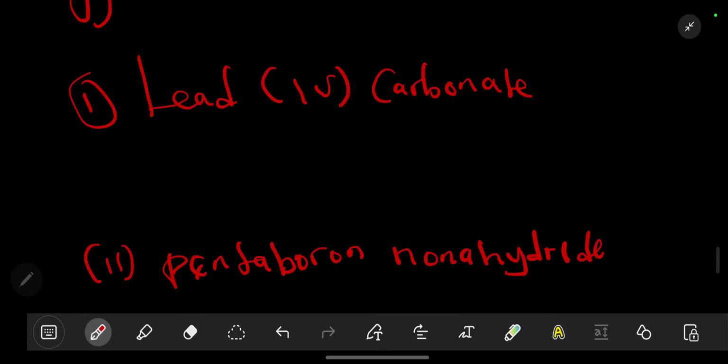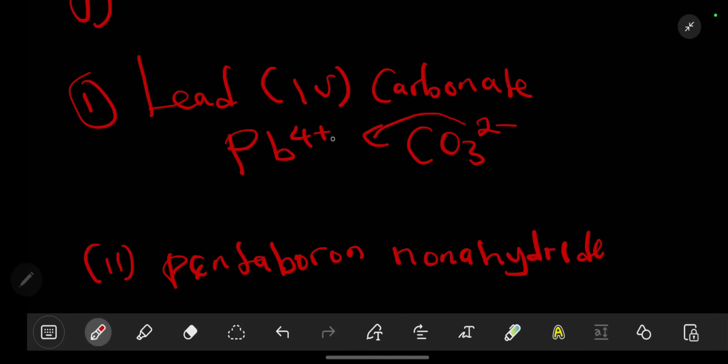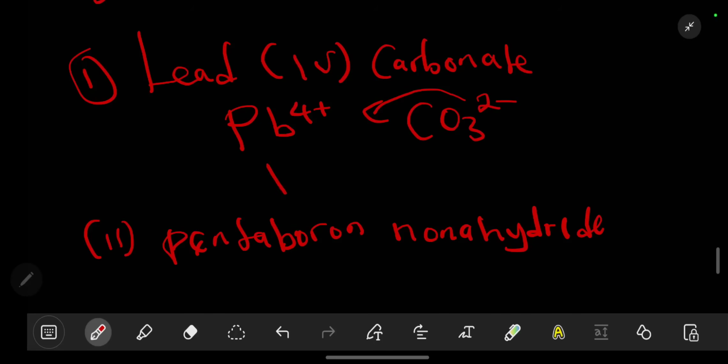The next question requires us to move from lead(IV) carbonate to the formula. Lead has the symbol Pb, with a valence of 4, so we can write Pb 4 plus. Then carbonate, we have CO3, the charge is 2 negative, so these numbers will interchange themselves to give us Pb2(CO3)4.